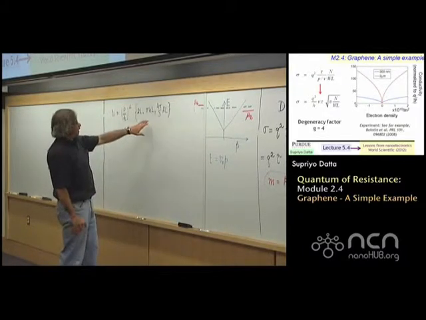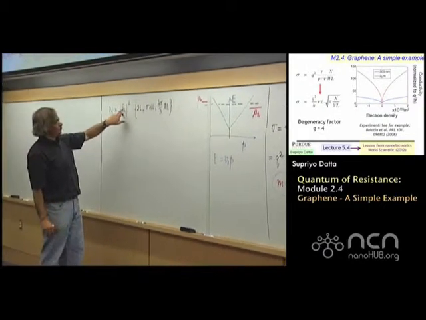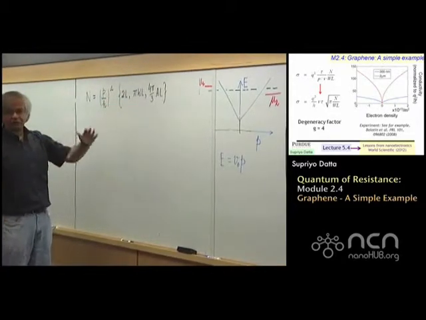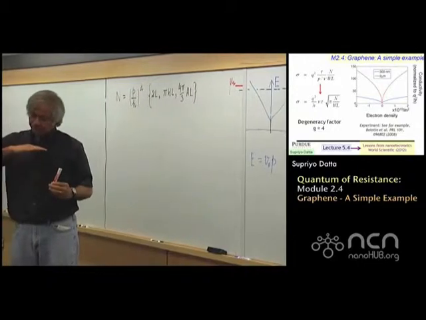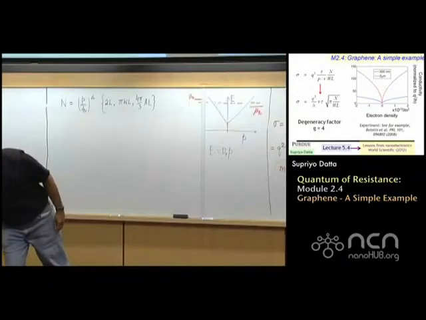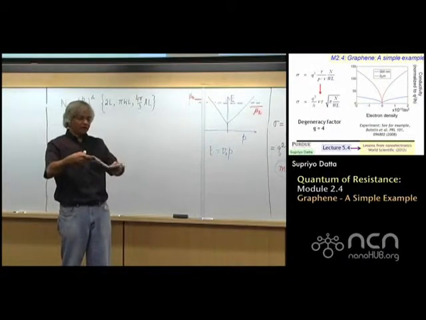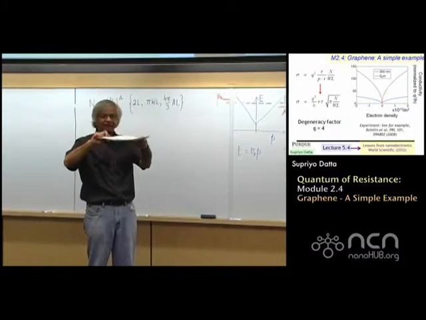So earlier we had obtained an expression for this n as a function of P for 1, 2, and 3 dimensions. We are now talking about graphene, which is a two-dimensional conductor. As I had mentioned before, basically what it consists of is one thin monolayer from the surface of graphite.